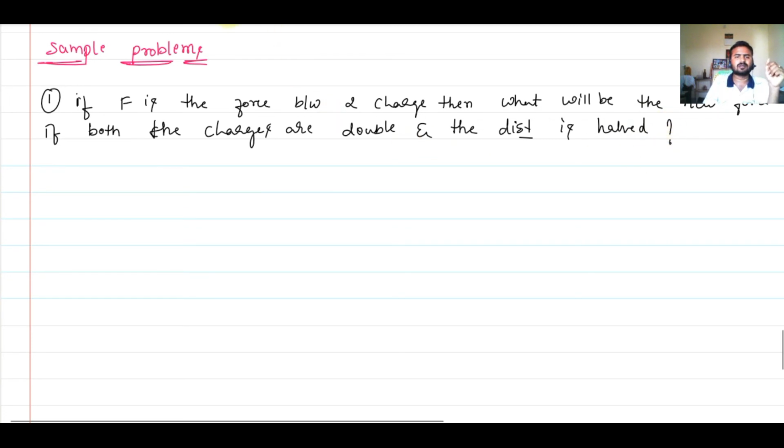It's very simple. They're saying that F is a force between two charges. Then what will be the new force if both the charges are doubled and the distance between them is halved?